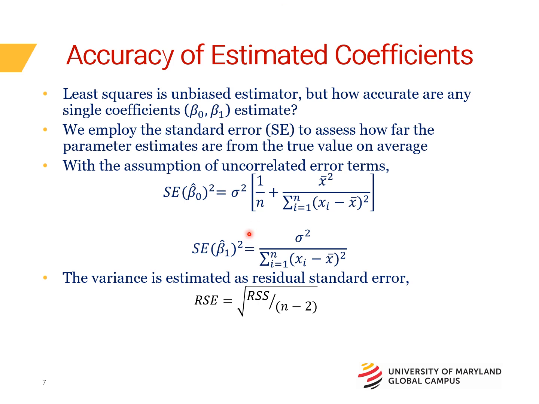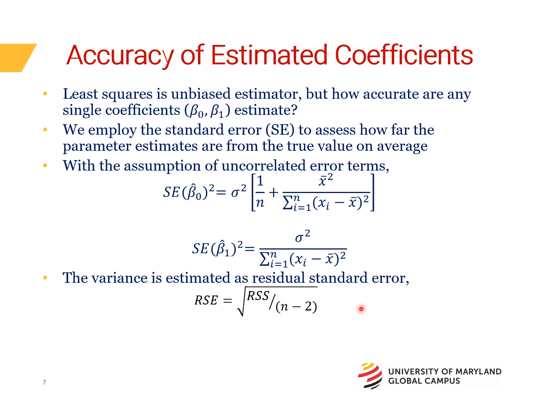Once again, we need to estimate the population variance since we don't know it. It is estimated here as a residual standard error using RSS. The RSS is a residual sum of squares, which we looked at earlier. And here the estimation is not quite an average value because the denominator is n minus 2.